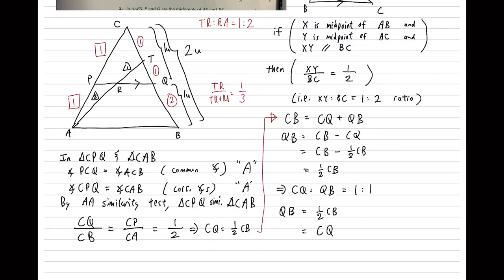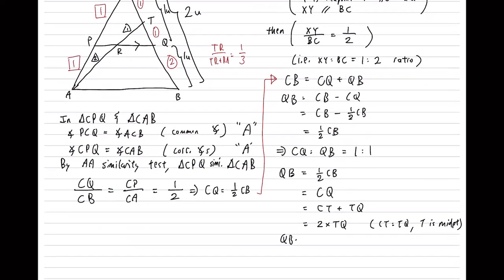And CQ is made up of CT plus TQ. But we know that TQ is a midpoint, so it's really just 2 copies of TQ, right? CT equals TQ, since T is midpoint. This is just really trying to say that this is 2 units compared to 1 unit here, 1:2 ratio. So QB is to TQ ratio is 1:2.